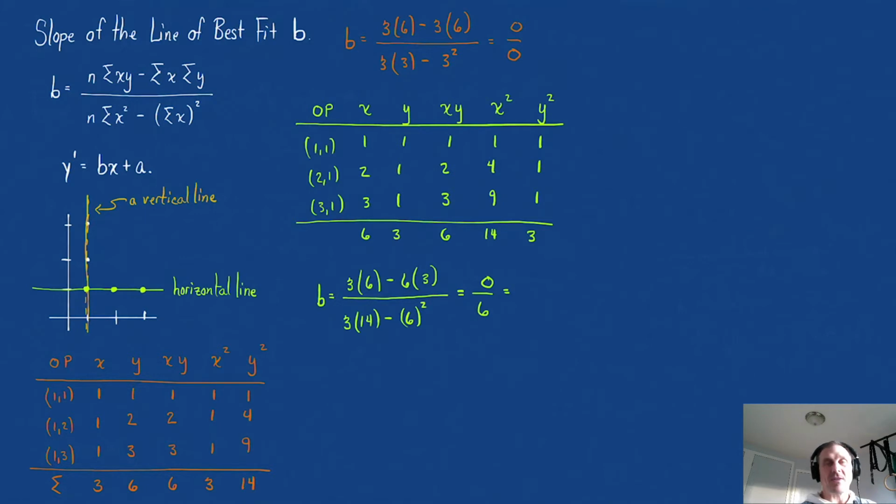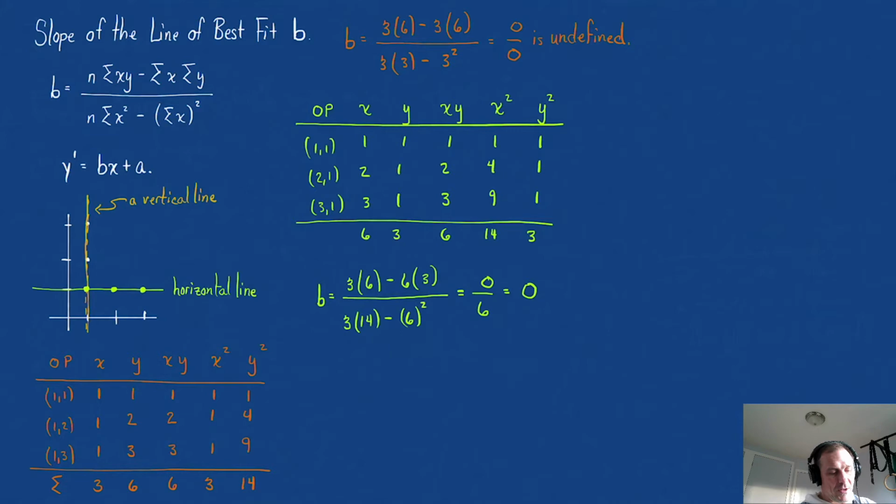So these are actually different answers, and that's what I want to show to you now. 0 divided by 6 is, in fact, 0. But 0 over 0 is undefined. That's right. You cannot divide by 0.